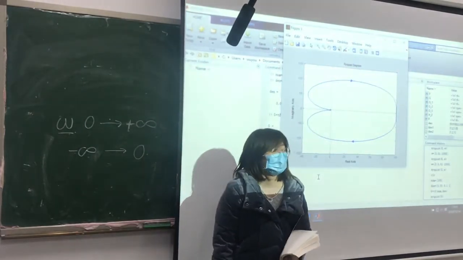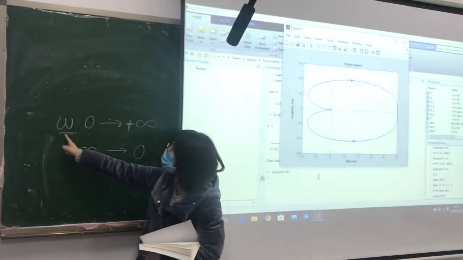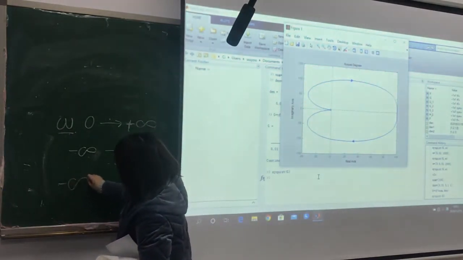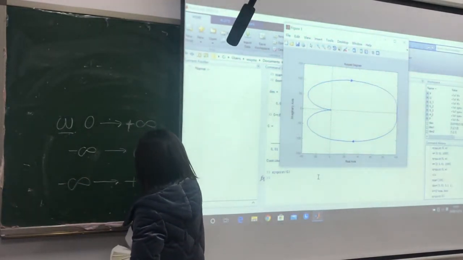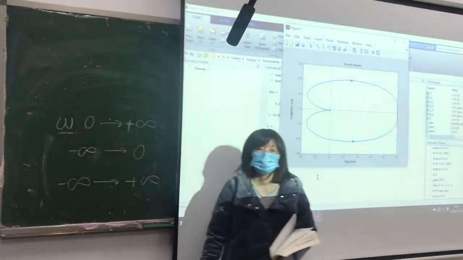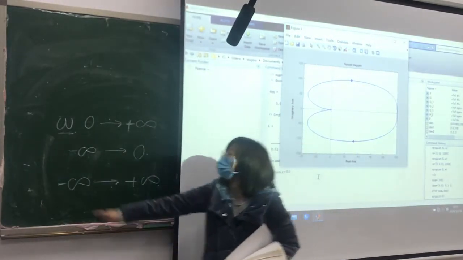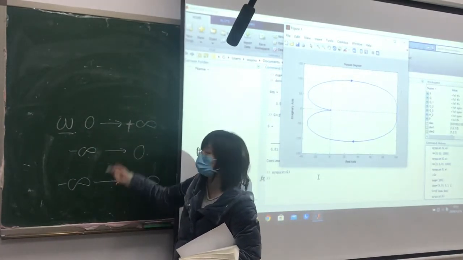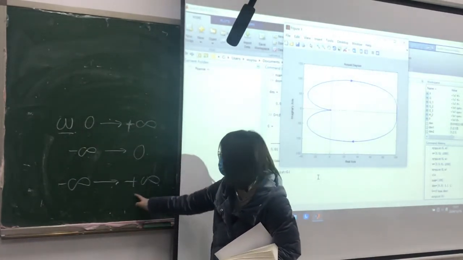That is to say, MATLAB considers the whole range for omega, no longer 0 to plus infinity, but minus infinity to plus infinity.